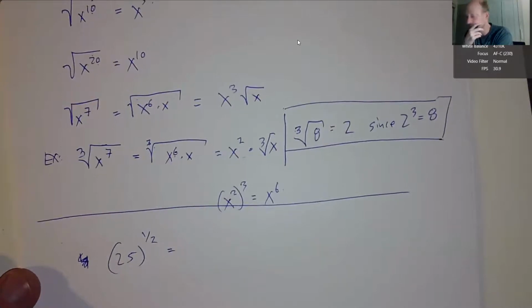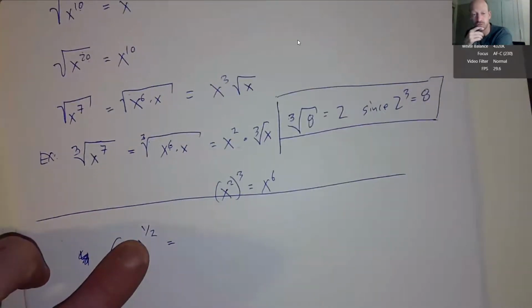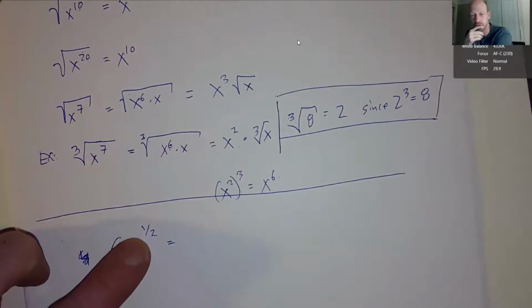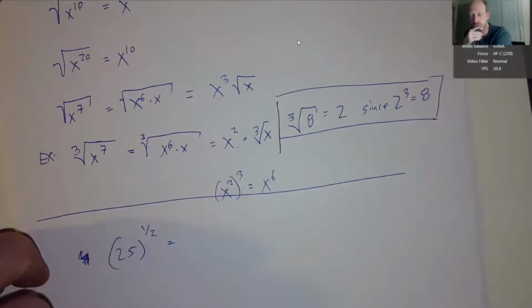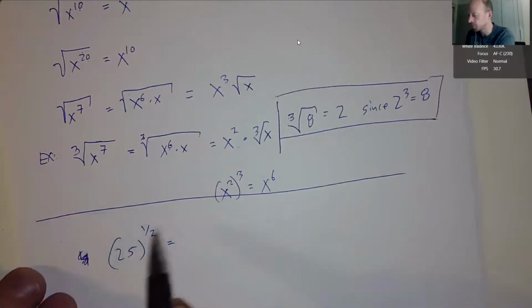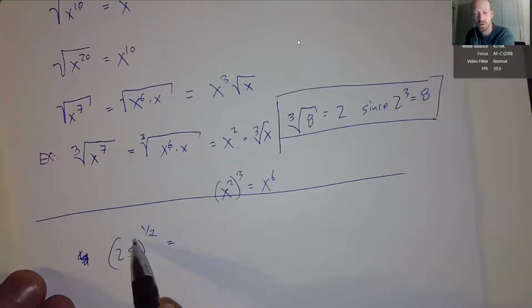We haven't seen these fractions or rational exponents, but it turns out they follow the same exponent rules as before. So we would multiply this exponent times any exponents here.